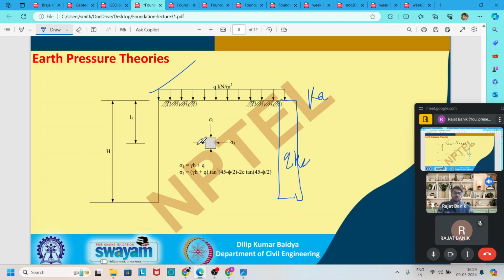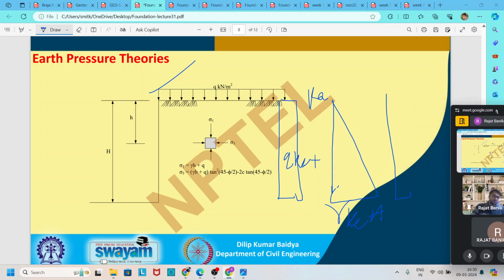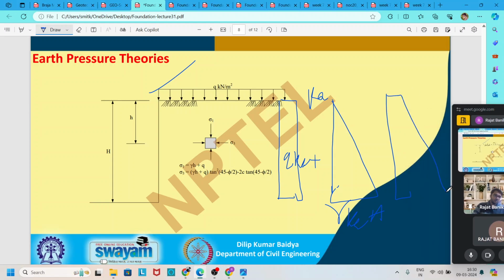Due to the soil also, one earth pressure comes, from 0 at the top to gamma H K at the bottom. If we add both, then at the bottom it becomes qK plus gamma H K, and at the top it is qK.